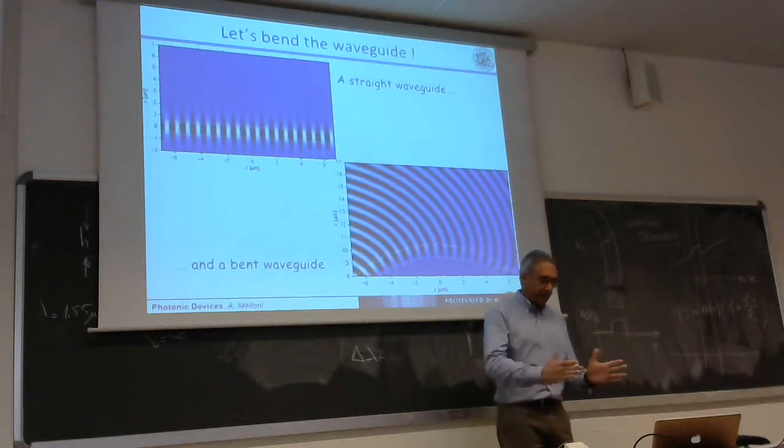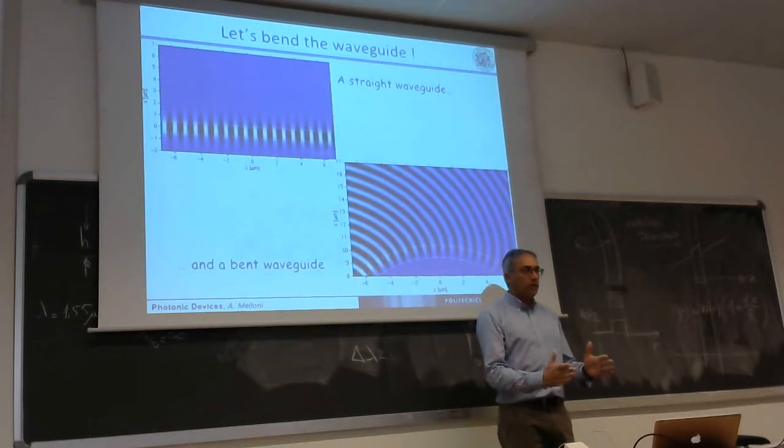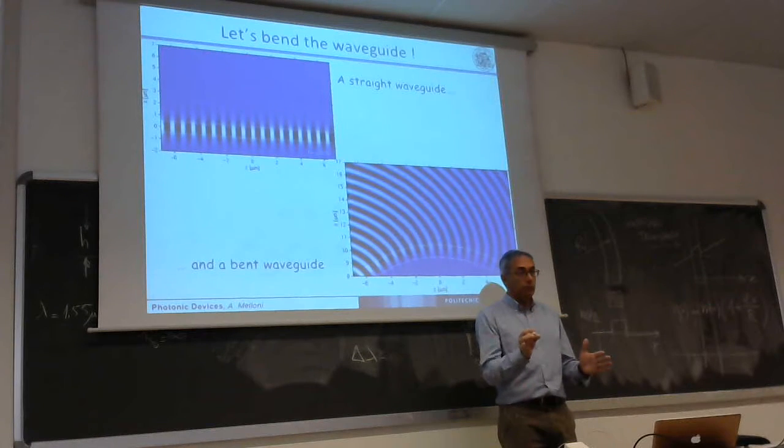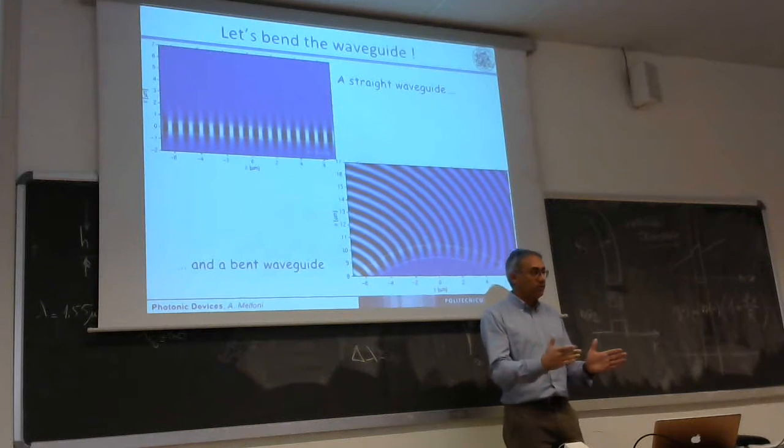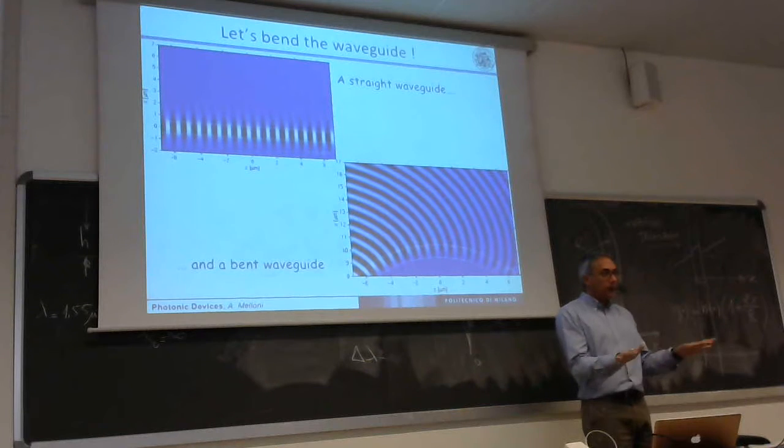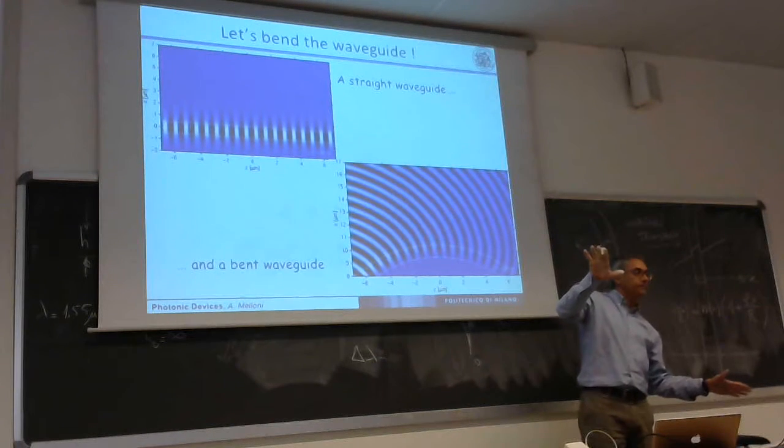So a bent waveguide is rigorously equivalent to a straight waveguide, but with the refractive index tilted.